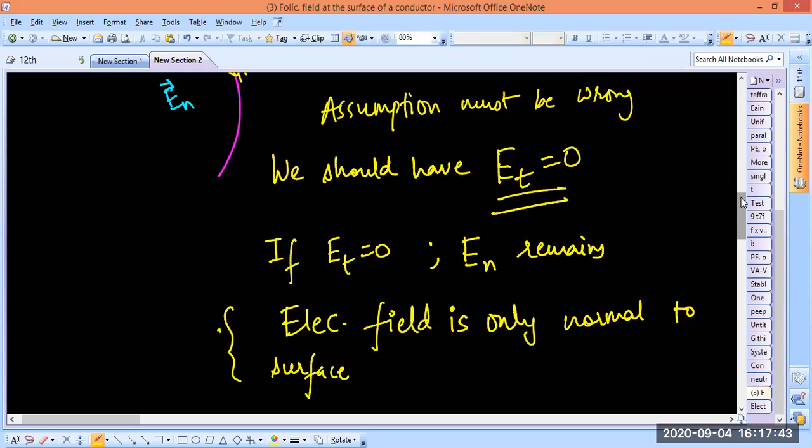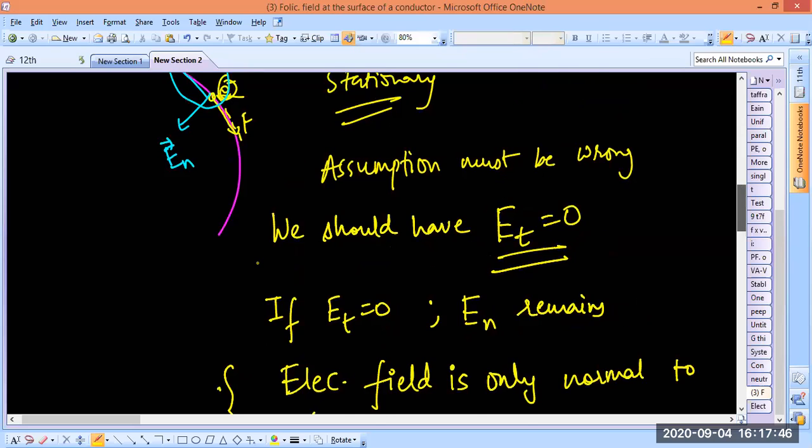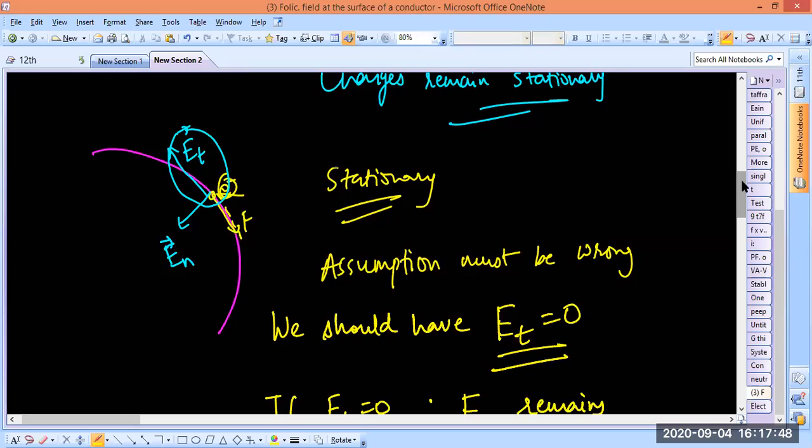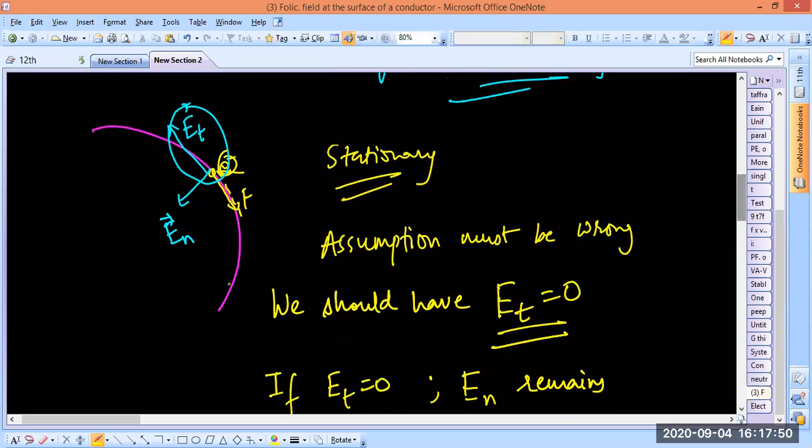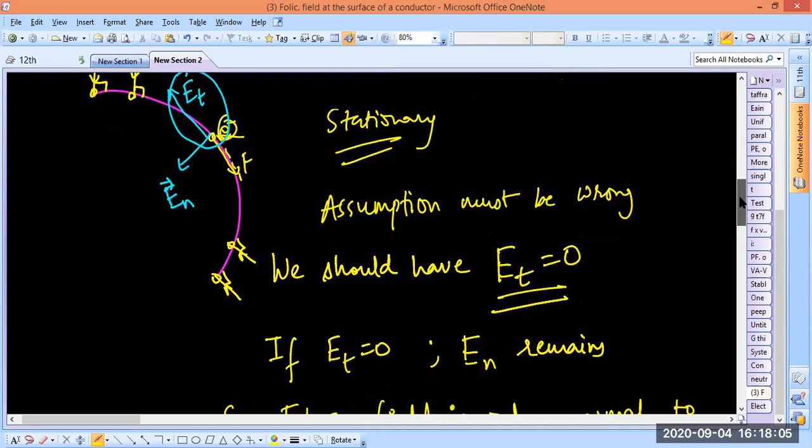Now this is going to happen at every point, so even here or here or here or here. Everywhere the electric field will be making 90 degrees with the surface. Is that fine?